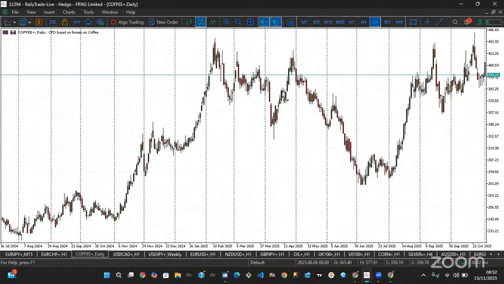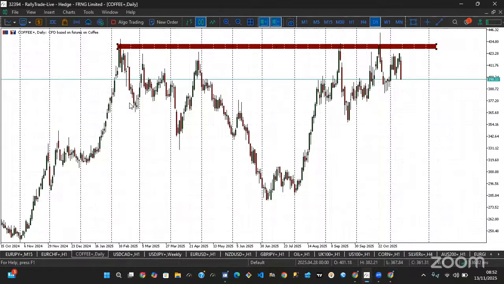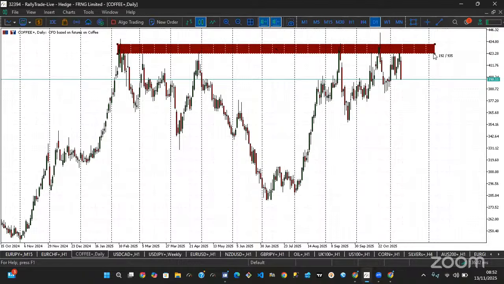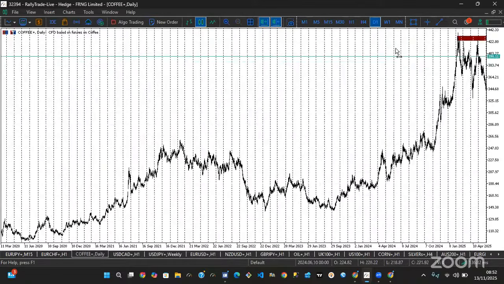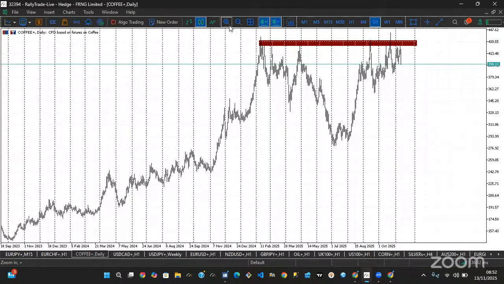So this is the daily time frame, and you notice that coffee has been giving us multiple tops right here. So price has not been able to break above this level, although it's an uptrend. You can see clearly it's an uptrend, but it hasn't been able to break above that particular level.